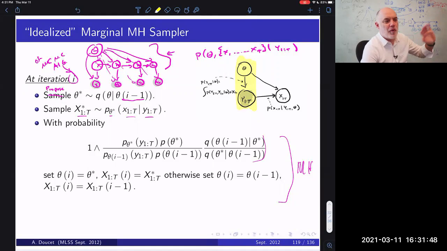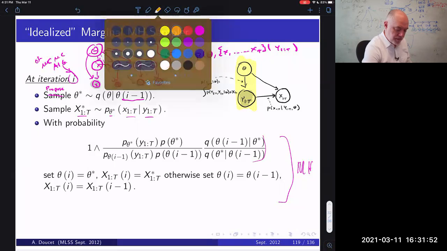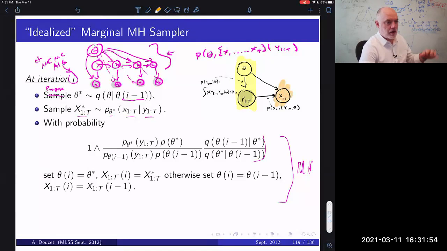And then at any point you can generate a sample of x1 to t, because it's in the Markov, it's head to tail with respect to all of the other variables. In other words, you could just sample x1 to t anytime you want from any combination of theta and y1 to t, right? Provided that you get samples of theta.